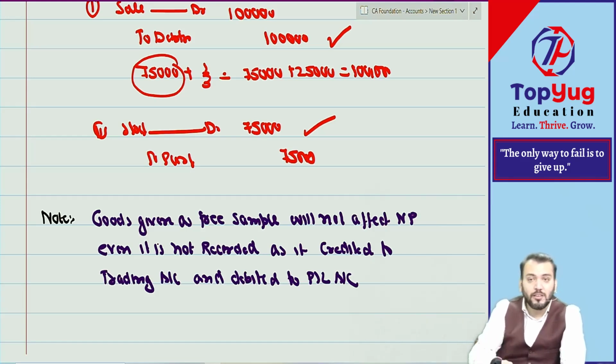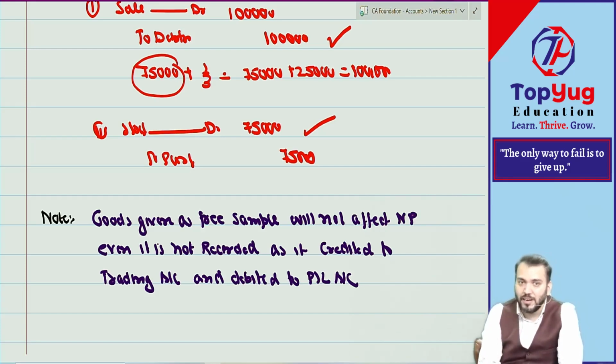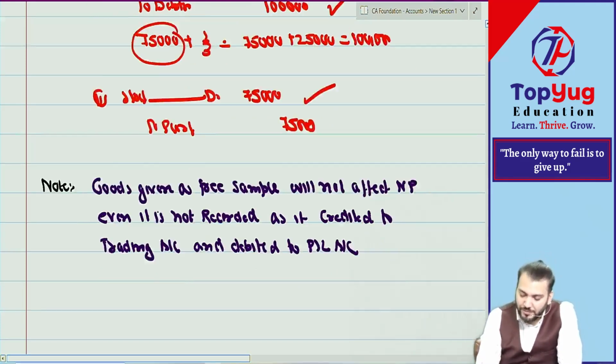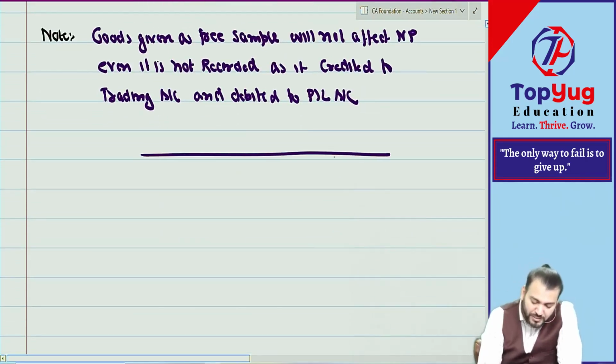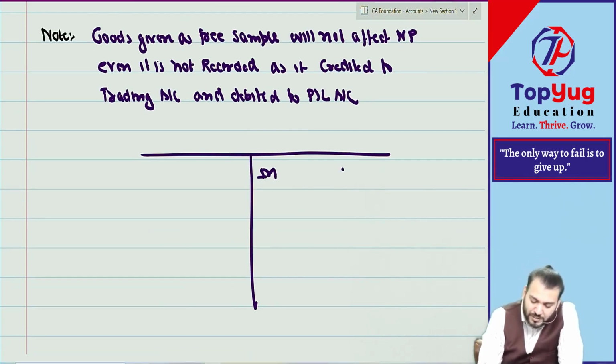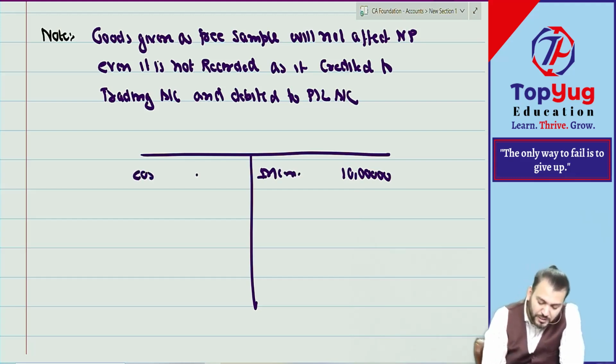So even though not recorded, no rectification is required. Understand what I am saying? Suppose my income is 10 lakh. Are you getting what I am saying? And suppose cost of sales is 2 lakh. So what is my gross profit?